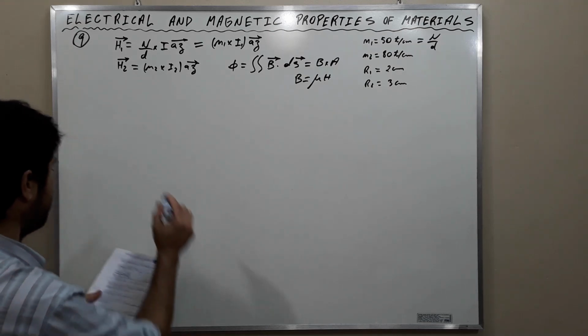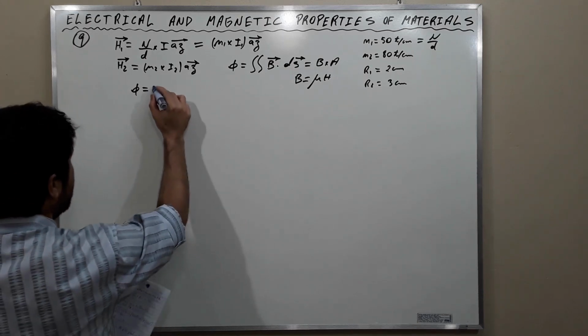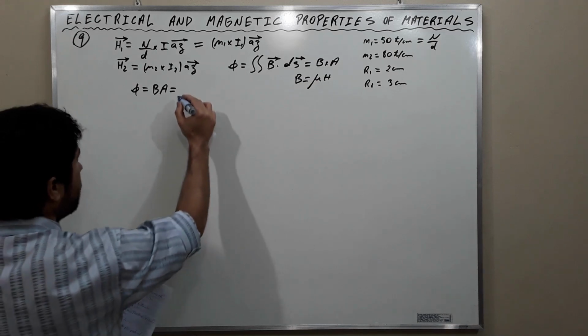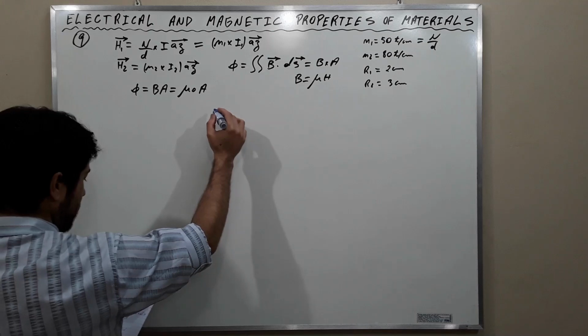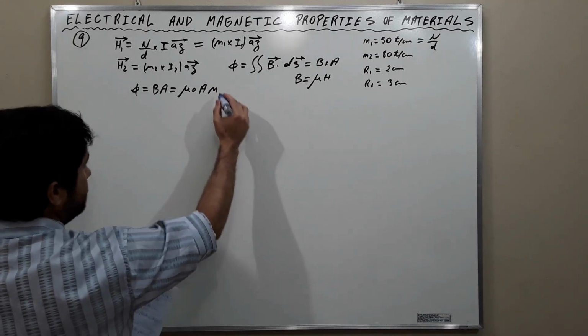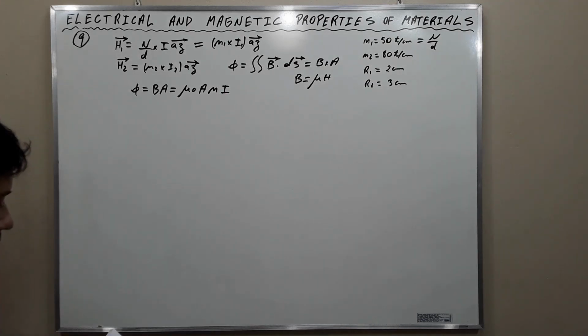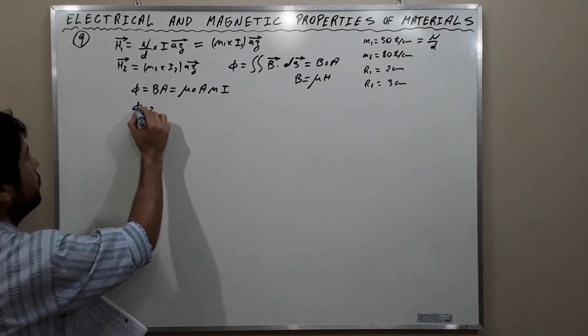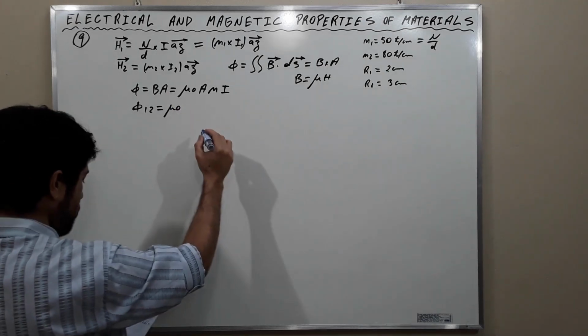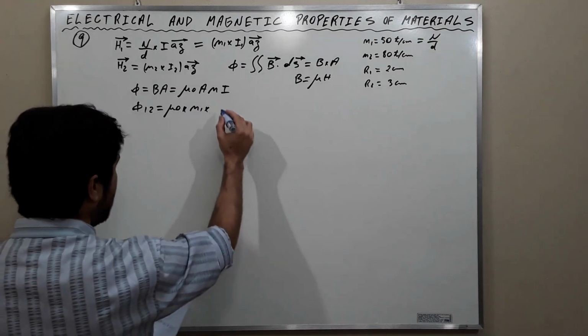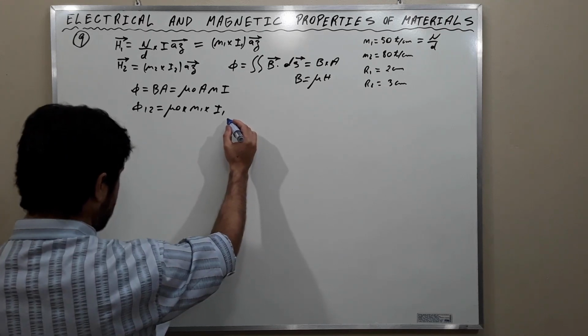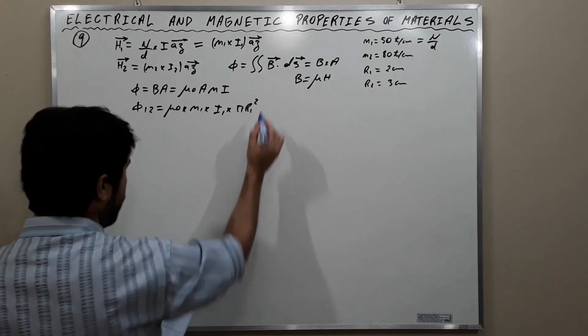We can say that phi is equal to B A, which is equal to mu 0 times the cross-sectional area times N times I. And if we substitute for solenoid 1, they are coaxial solenoids, one within the other, we are going to discover that phi 1,2 is equal to mu 0 times N1 times I1 times the cross-sectional area, which is pi r1 squared.